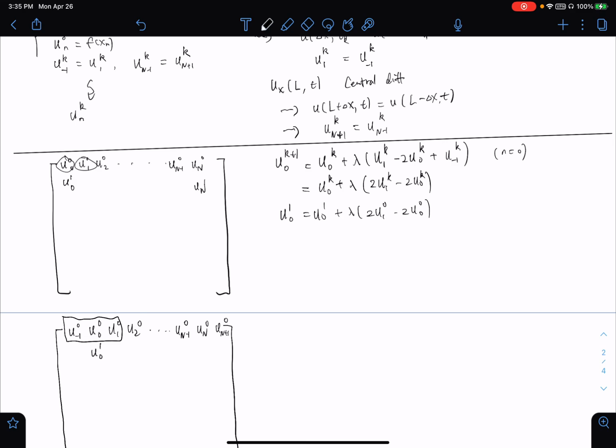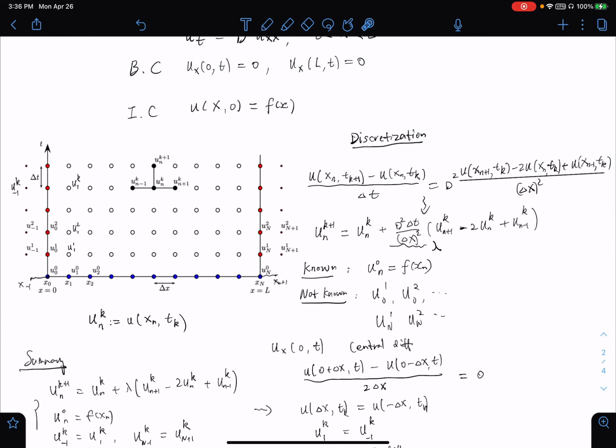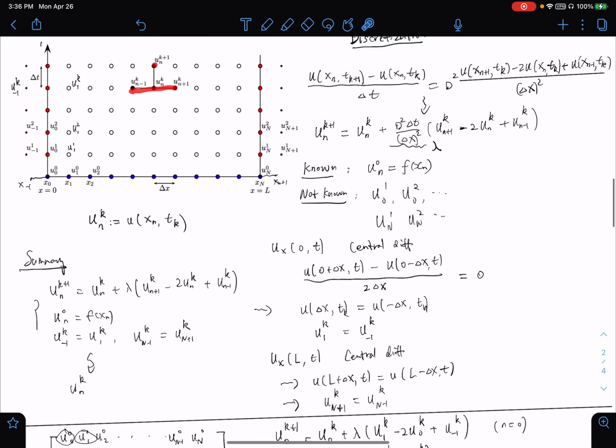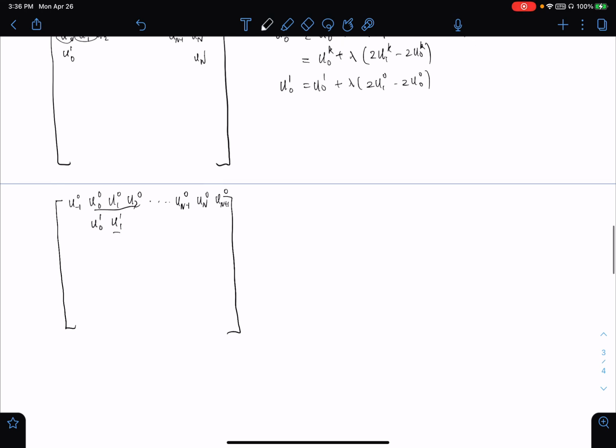We use three values at the previous time step. So similarly, you can determine u at x1 for the next time step by these three values, and all the way to un at time step 1.